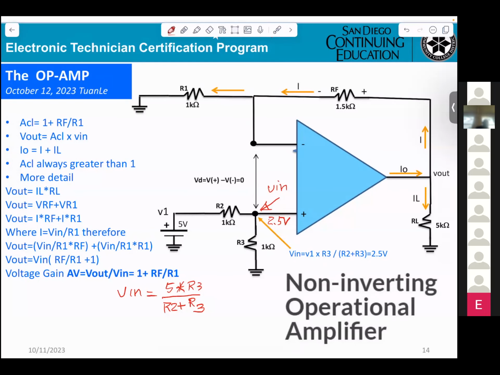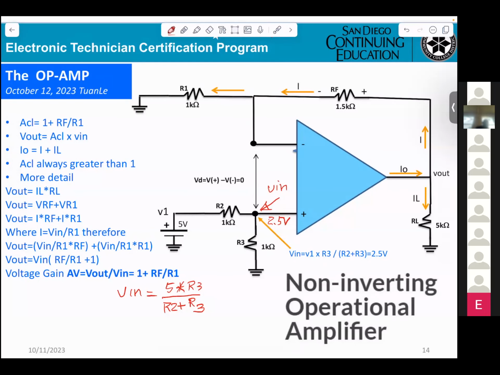That means the difference between here will be the same, 0. That means the voltage here and voltage here are the same. 2.5 then has to be 2.5. The thing is, no voltage drop here. So when you get 2.5 volt here, and this is the ground, you can calculate the current.